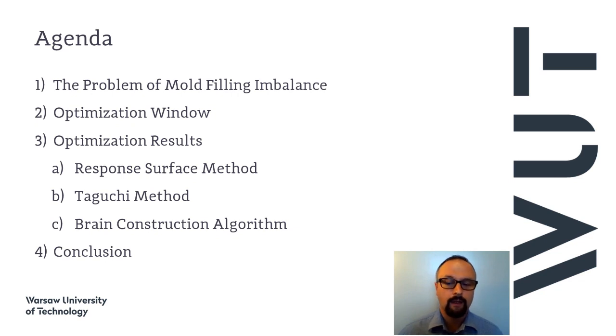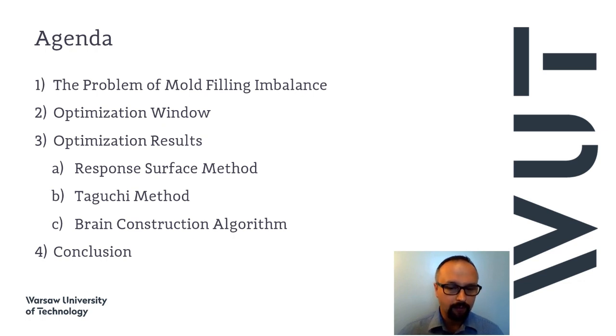That's the agenda. Firstly, we'll need to know what kind of mold filling imbalance we're going to talk about. After that, I will show some brief information about the idea of optimization of the issue of mold filling imbalance. And of course, I will show some results from 3 different methods.